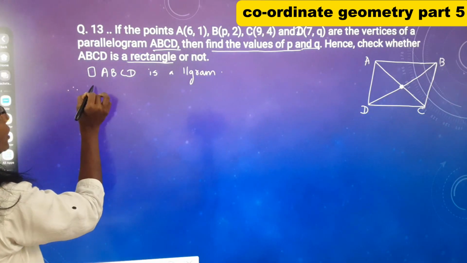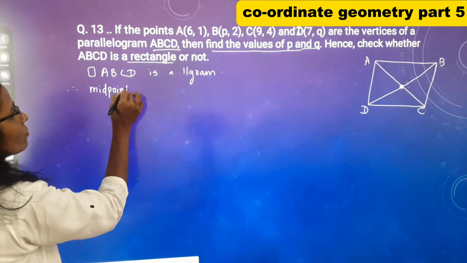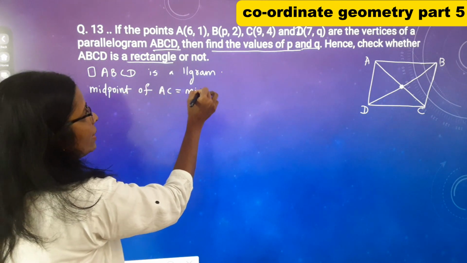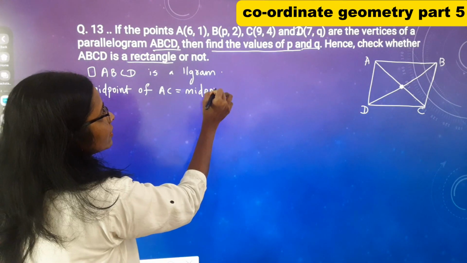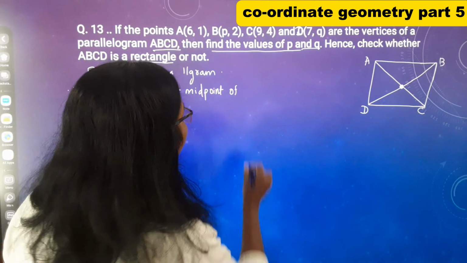Therefore, the midpoint of AC is equal to the midpoint of BD.